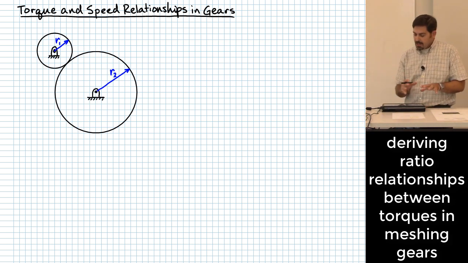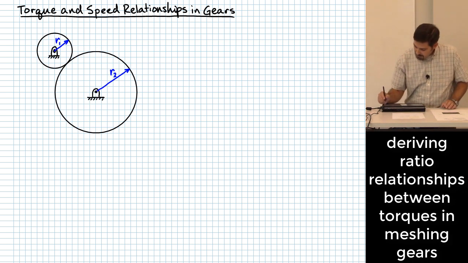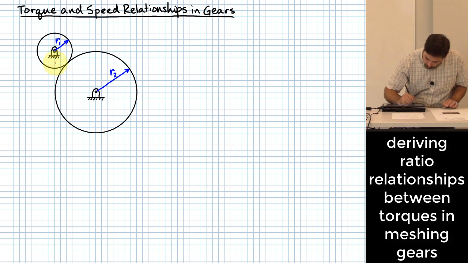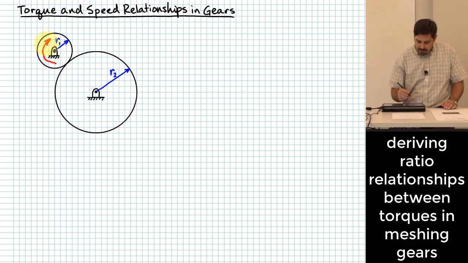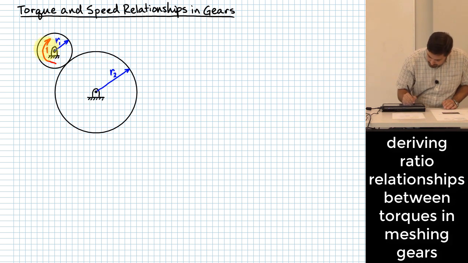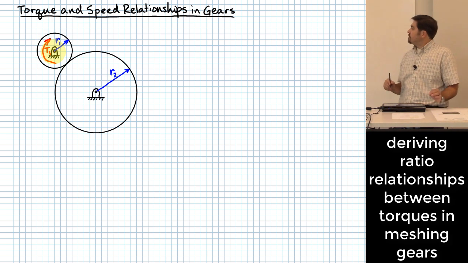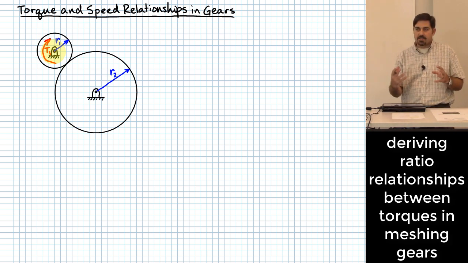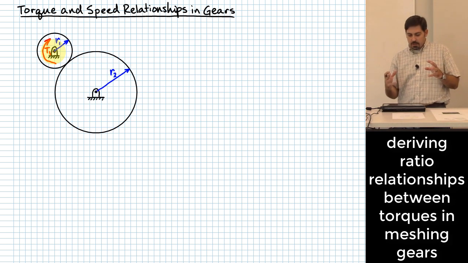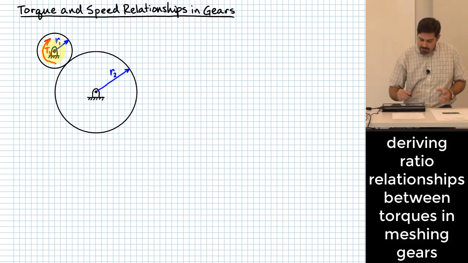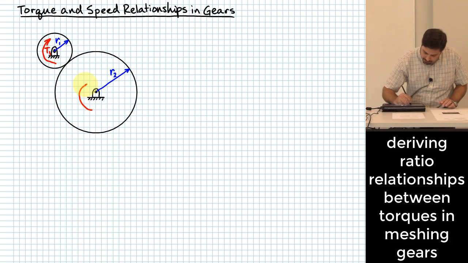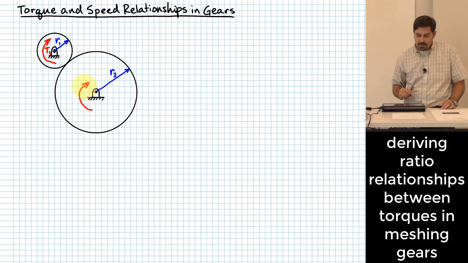Let's start by looking at this system right here that has an R1 and an R2. Let's say we're delivering a torque into R1, and I will call that T1. Just because I want to notice, with the signs we get out of this derivation, whether or not there's a reversal, let me assume to start that I'm going the same direction with a torque on the second one.